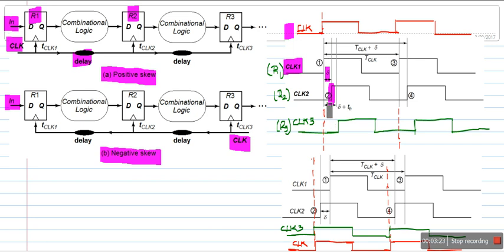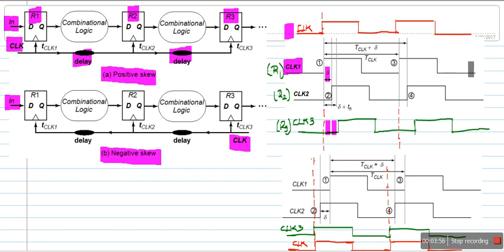So there is a phase shift between the main reference signal and the clock signal of register R2. Register R2 has a single delay, whereas in the case of register R3, there are two delays present in the path. So register R3 will receive the clock signal after twice the delay.